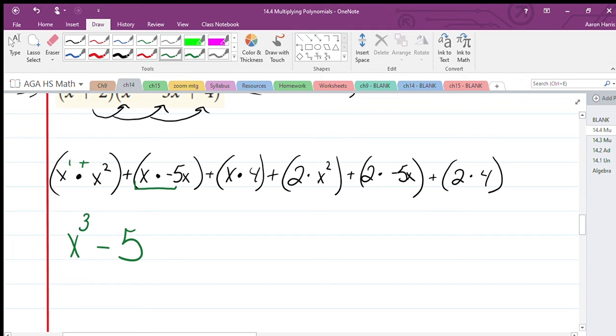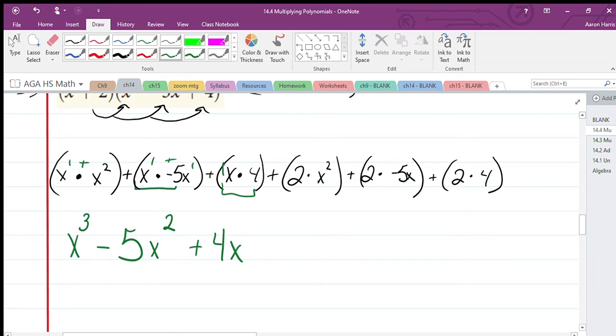Do the coefficients first. Then I got x to the first, x to the first. I'm multiplying, so what do I do? Add. So I get x squared. Now, coefficient of 1, so 1 times 4 is still 4, and x tags along because it's multiplied.